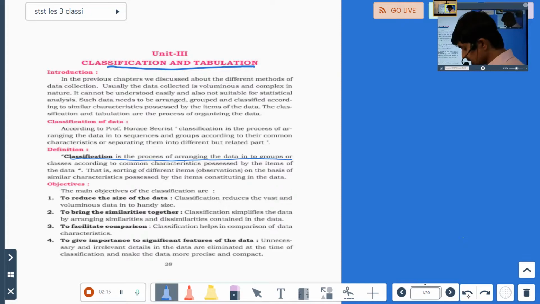What do you mean by common characteristics? Simple example. Think that you are collecting the price of grain items. Now, if you are collecting the price of grain items, you will collect the price of grain items only.